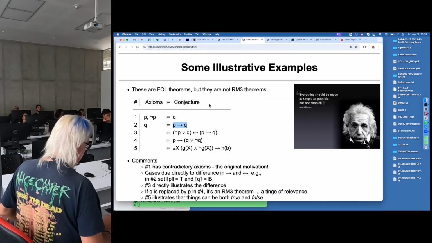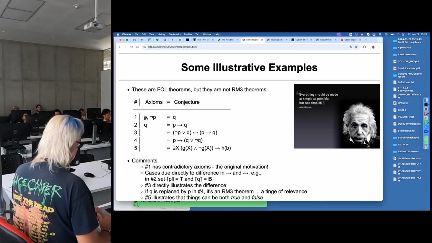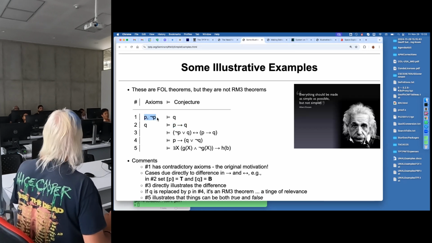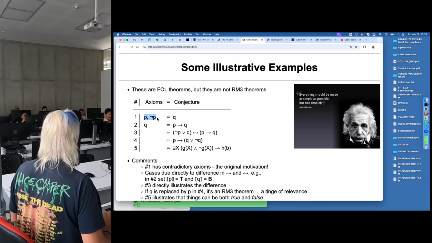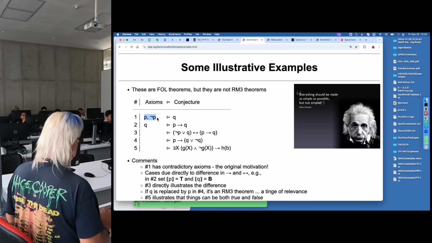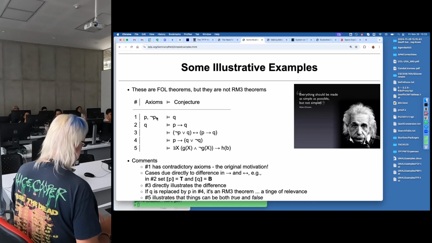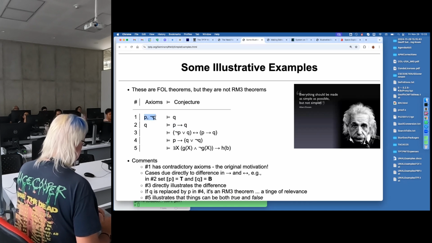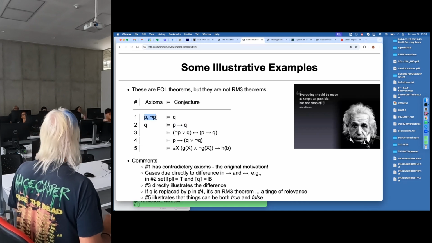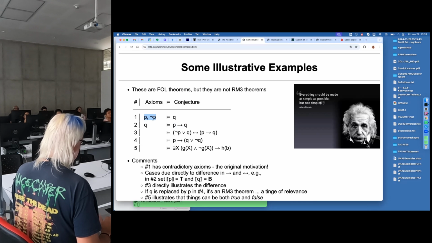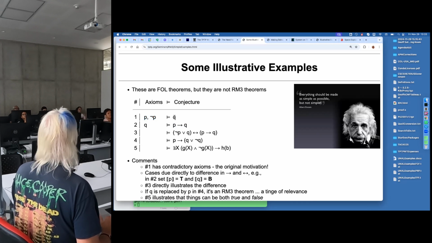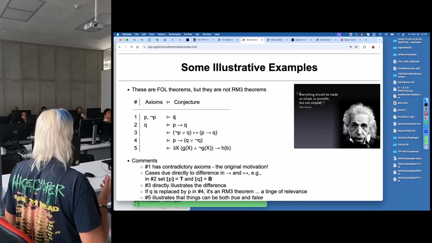So this is kind of, let's look at another example. Remember what we did when we did classical logic. We said our axioms must be consistent. Well, here we have inconsistent axioms. And I've told you, if you have inconsistent axioms, you can prove anything. So if I know P and not P, I can prove Q. Sure, this is classical logic.